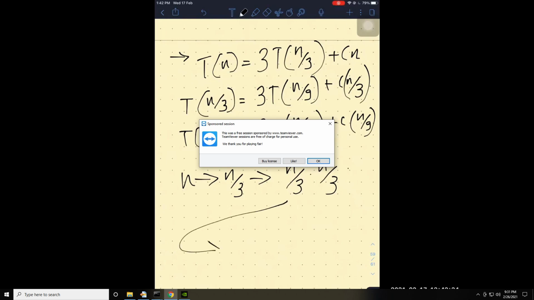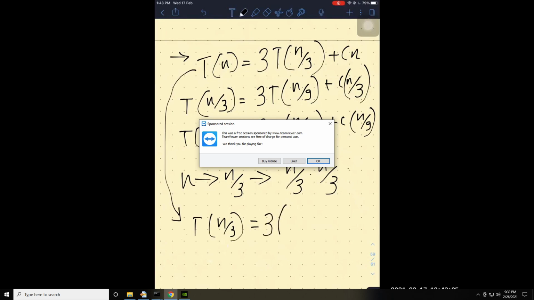Could you explain why you get 3T of n divided by 9 plus cn divided by 3? Yeah, so if you put n divided by 3 in place of n, then, okay, let me show you that. So in this equation, we will put n divided by 3 in place of n.